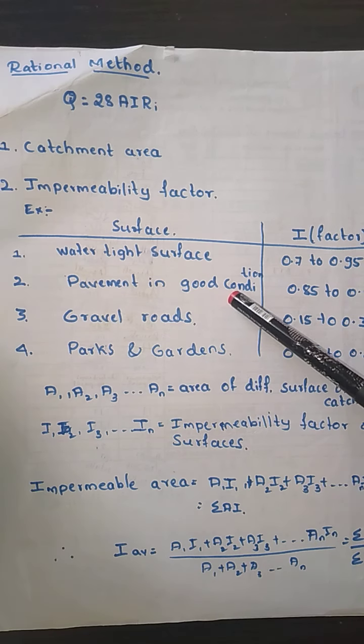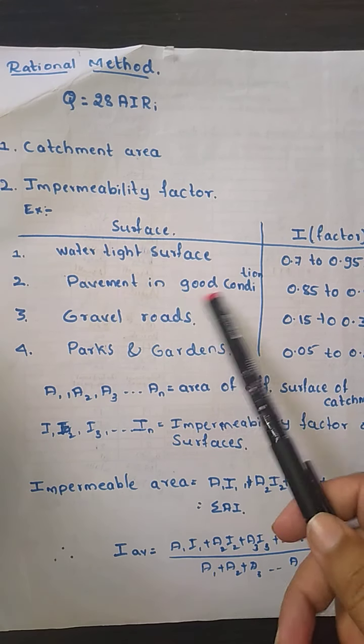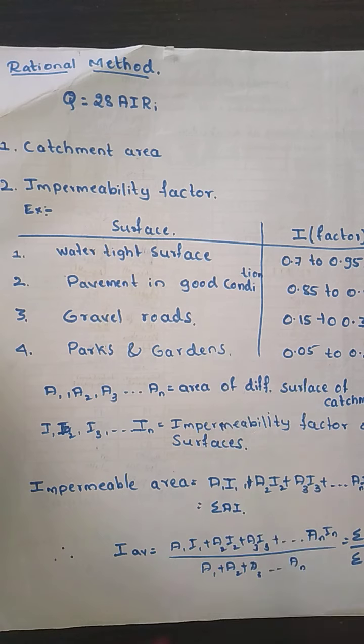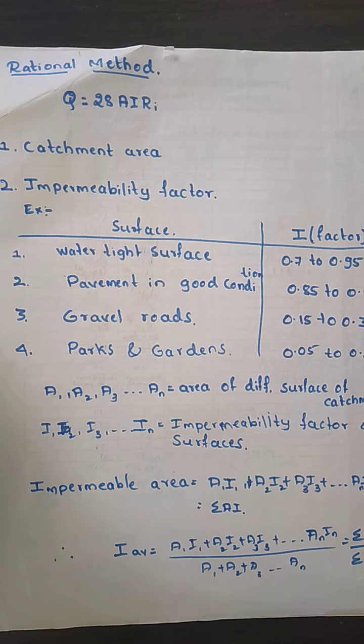Pavement, whether concrete, rigid or flexible, is not going to absorb that much water. That is the reason the impermeability factor is at the higher end. Gravel roads have free space where the water can percolate into the ground, so the imperviousness is a bit less.